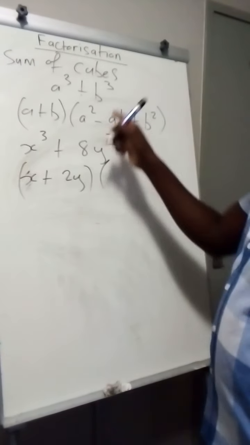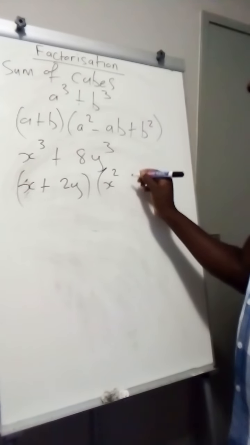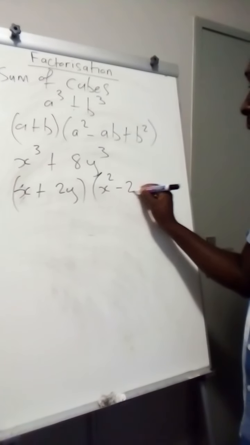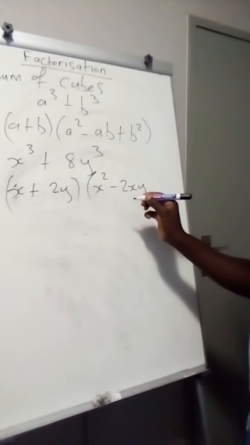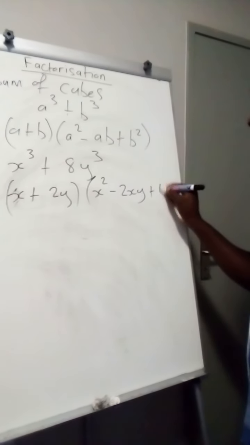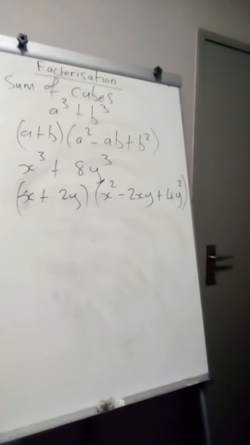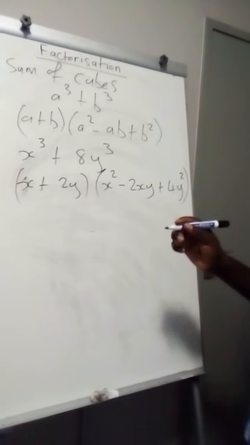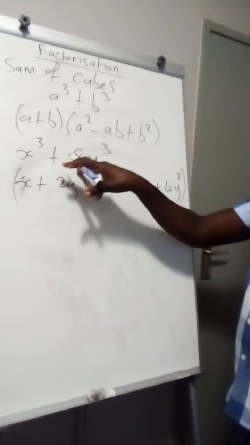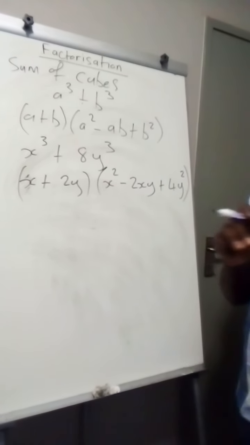And what are we left with inside there? x is outside, so we are left with x squared minus 2xy plus 4y squared. So these are the factors of this cubed function.